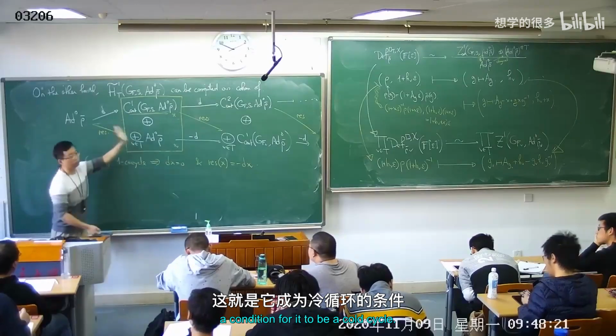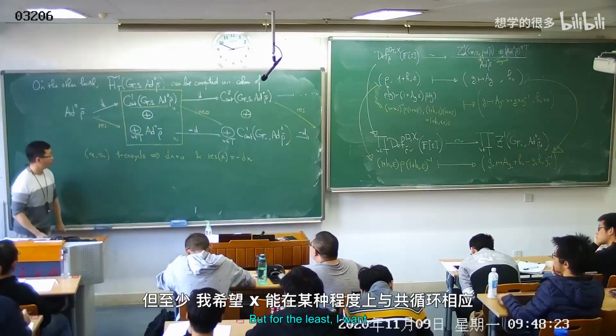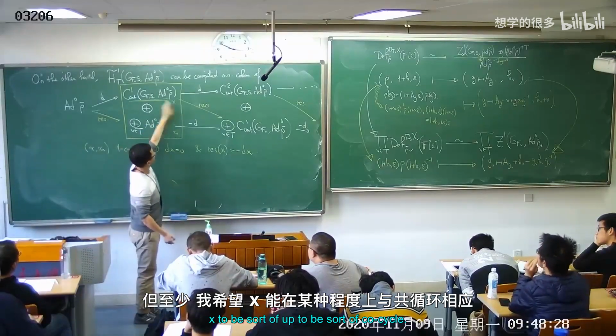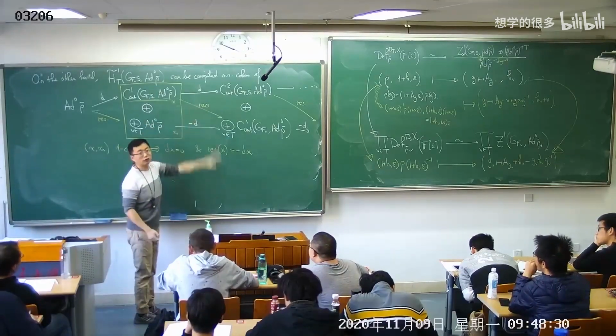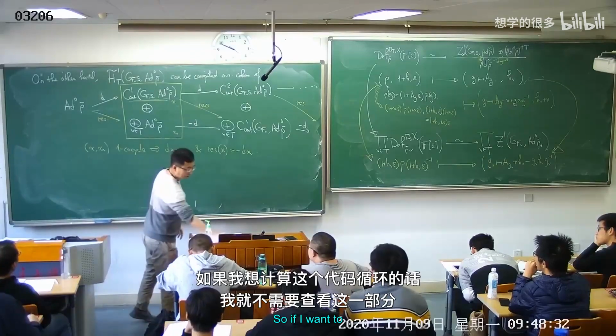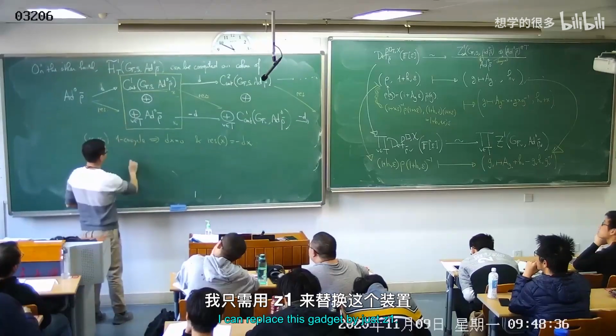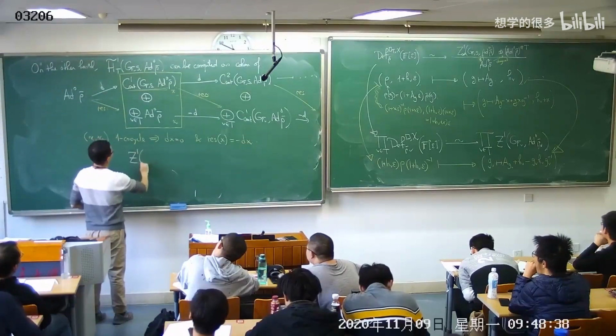That's a condition for it to be a co-cycle. So if I just want to compute the cohomology, I don't have to look at this whole thing. I can replace this gadget by just Z1.